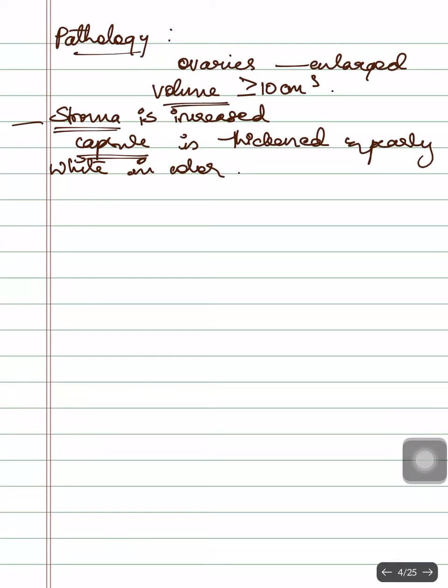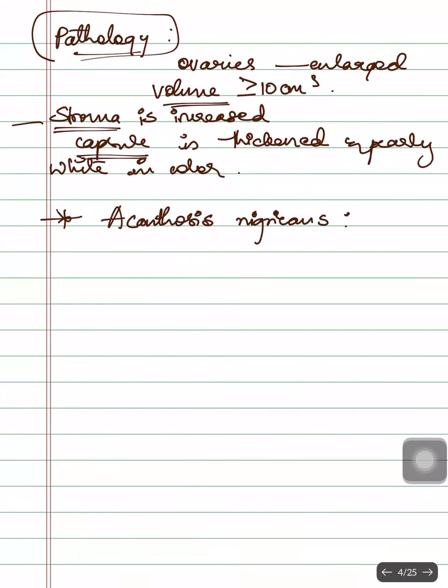Next, you will see the main viva question, which may or may not be asked in theory: acanthosis nigricans, but it is a must-know question for viva. This is characterized by specific skin changes due to insulin resistance.